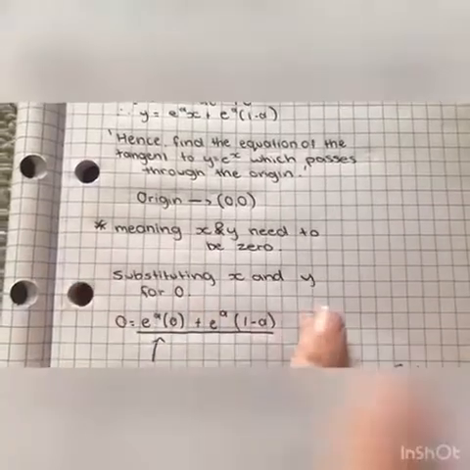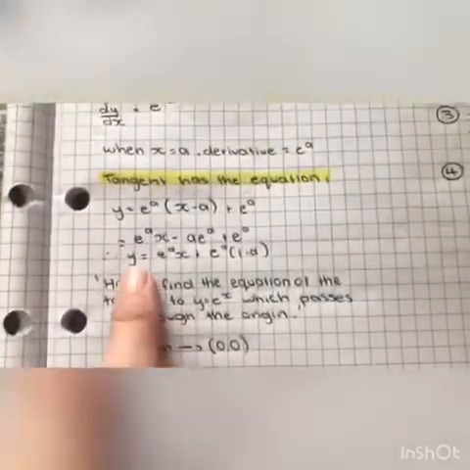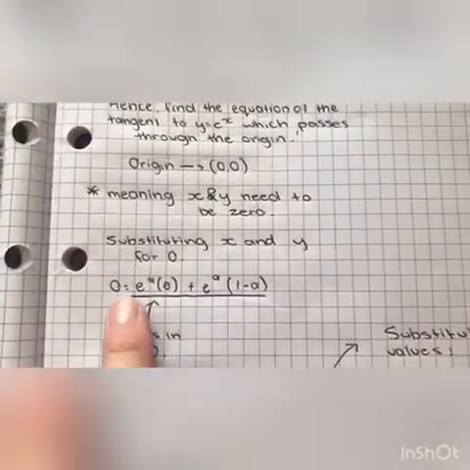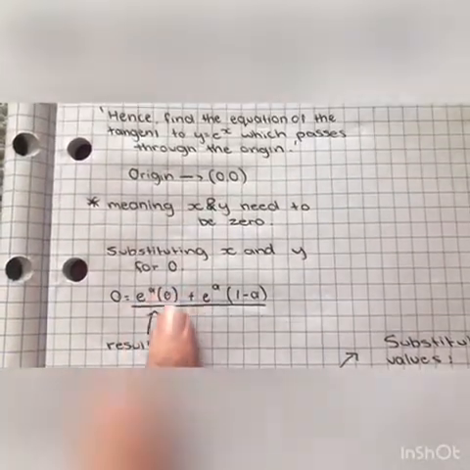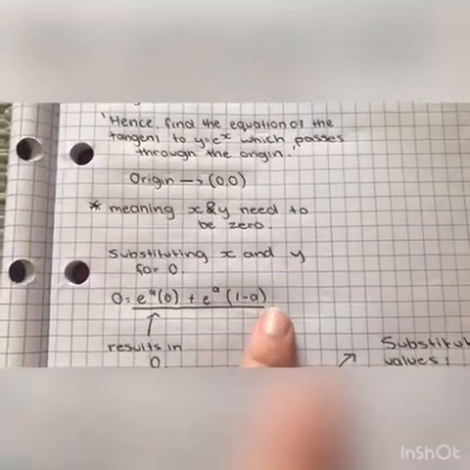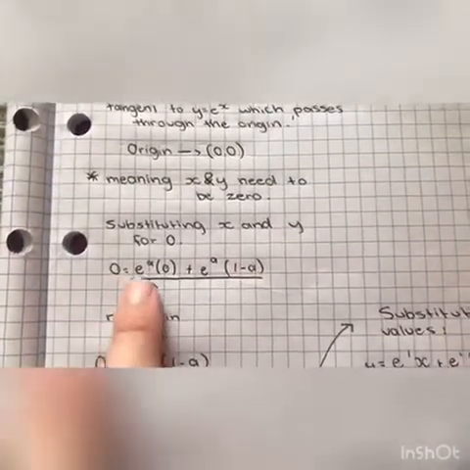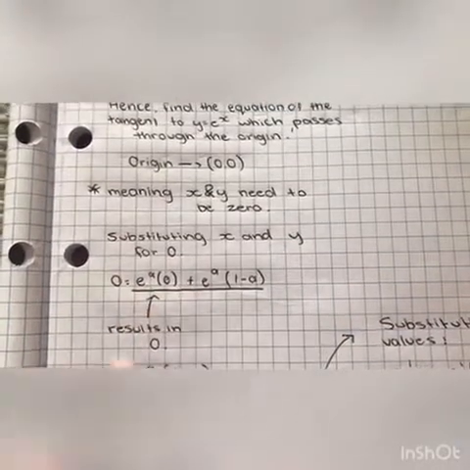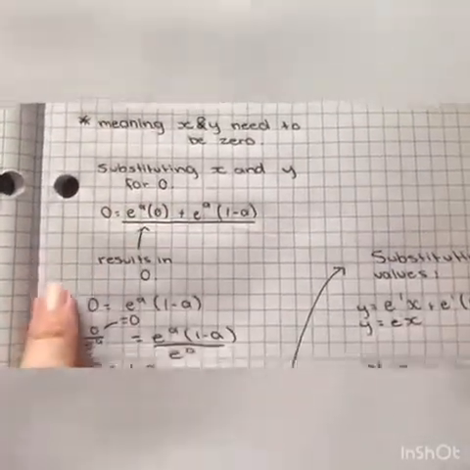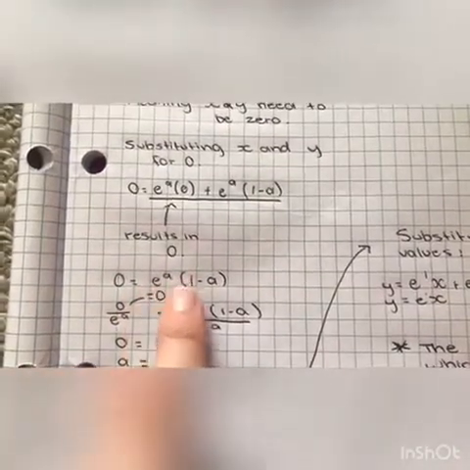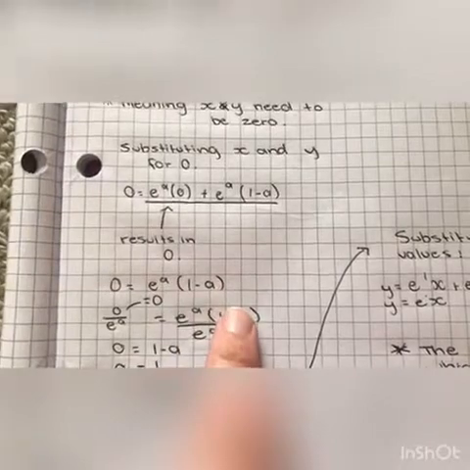By substituting x and y into our final tangent equation, you will end up with the equation 0 equals e^a times 0 add e^a(1 take a). The starting component of the formula, because it's multiplied by 0, will result in 0, meaning that the formula we're now left with is 0 equals e^a(1 take a).